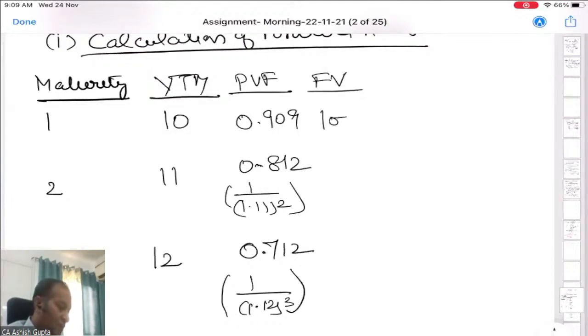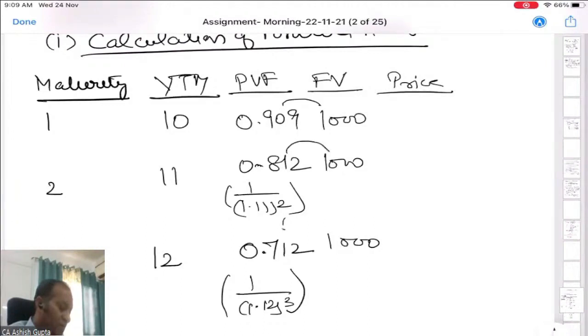Since the face value of the bond is 1000, we can compute the price. We multiply this with this, this with this, and this with this.